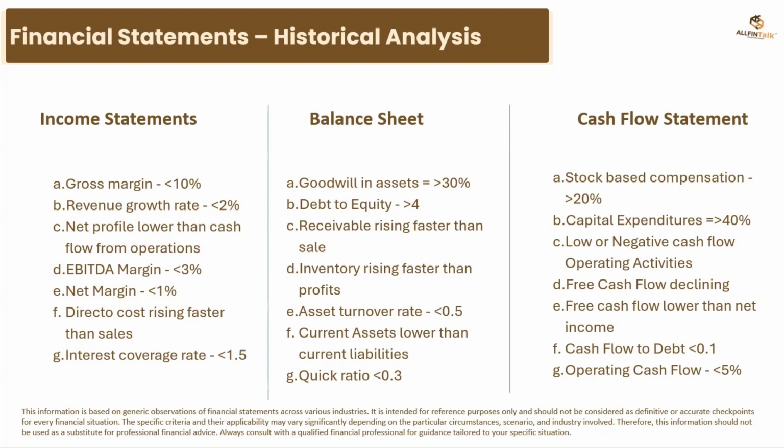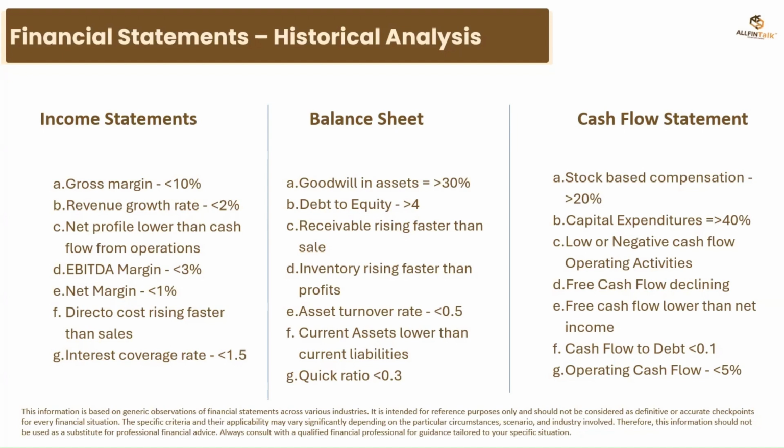Similarly, when you are analyzing the balance sheet, if there's goodwill in the assets which is more than 30% of the total asset value, it is something to be concerned about. If your debt to equity ratio, which in our case was something around 1.5, is more than 4 in your analysis, then it is something to be concerned about.